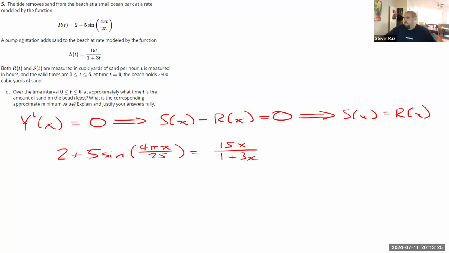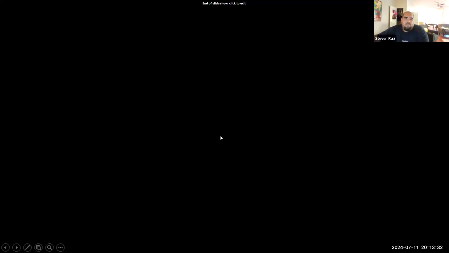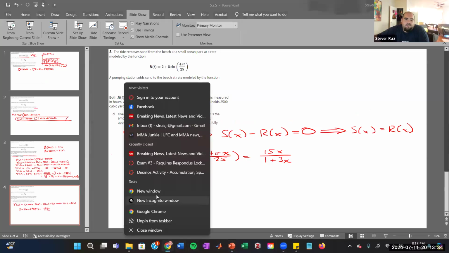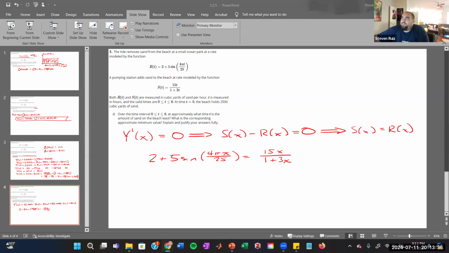This is not something I would expect anybody to try to solve by hand. I think that actually might be impossible. So let's let Desmos give us a look.